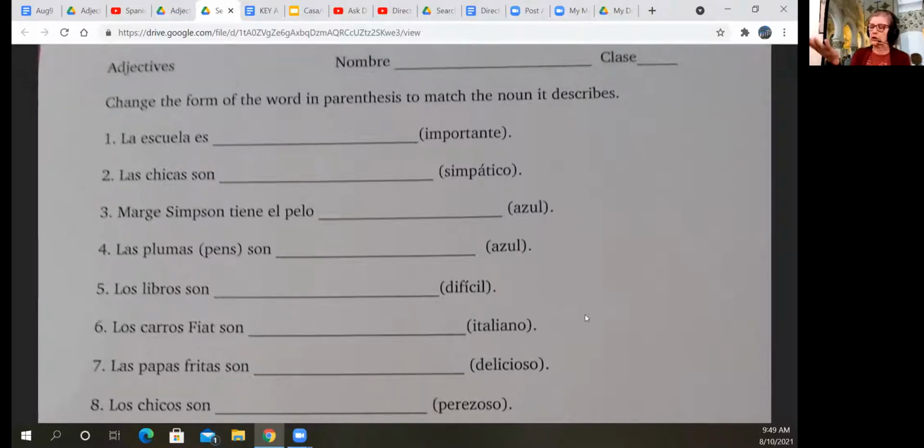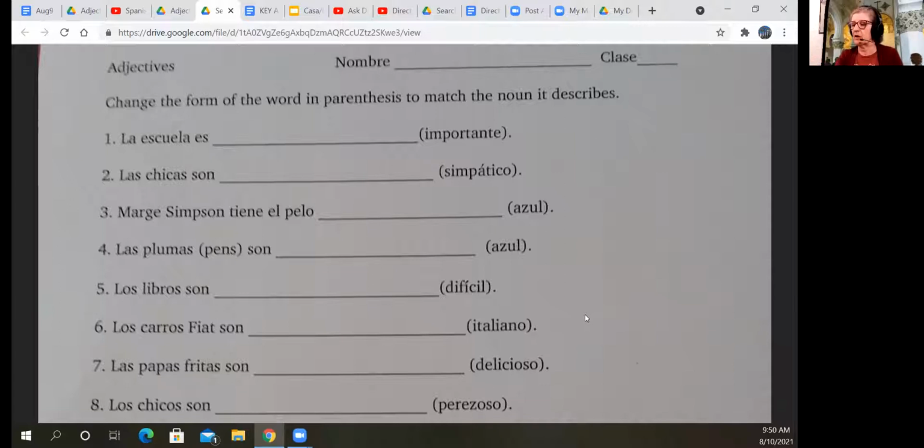So the key is going to look different than this because it's going to fill everything in, and I'm going to have the answer in yellow and amarillo. Okay. We're going to find that sometimes the word in parentheses doesn't change. Sometimes it does, but it will always have to look back to the noun, the thing we're describing, to get the correct form of that adjective. Okay.